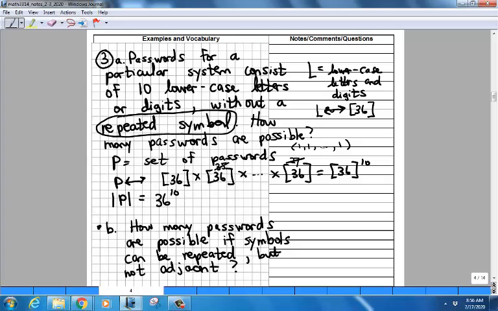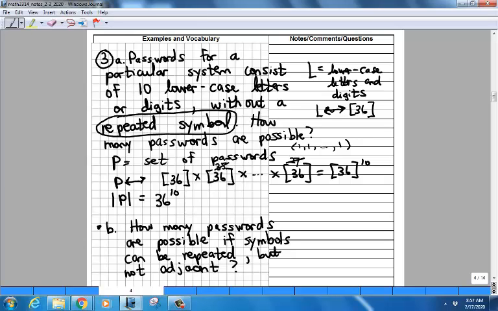You might think of counting words that have a repeated symbol, and then taking those out of this big set. We're not going to follow that approach, but that's an option for you. You might be able to count words with a repeated symbol with a little bit of effort, and then just subtract those from all words, and that would give you words without a repeated symbol. I don't know how easy or hard that would be, but that's another set model way.